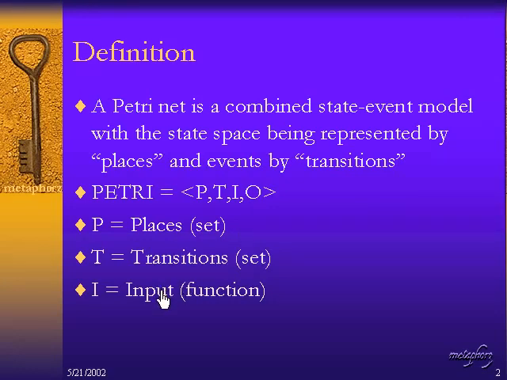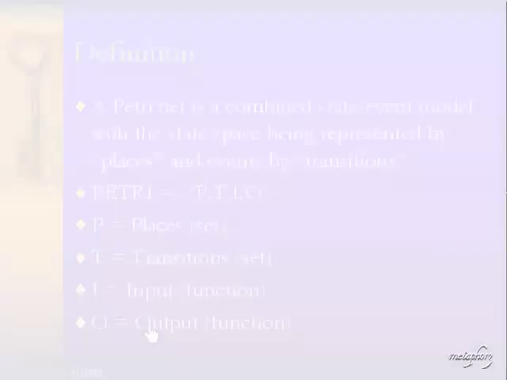I, which is a function, not a set, and stands for input, and then O for output. So P and T are both sets, and then I and O are maps or functions that map either places to transitions, which is what happens with input, or transitions to places, which is what happens with output.